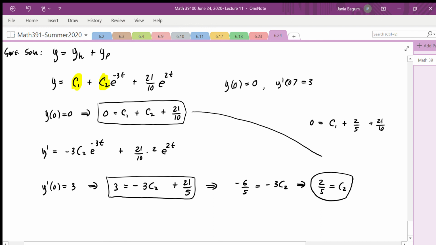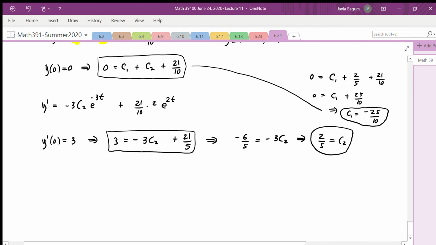If I add 2 over 5 and 21 over 10, that's going to be 25 over 10. So that means C1 is going to be negative 25 over 10. And yeah, you can simplify that. I'm just not simplifying it. 5 over 2, you can write that down.